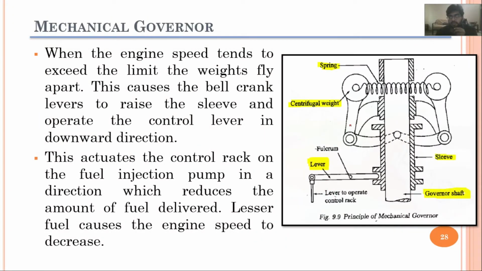For example this point, since it is moving because of the centrifugal force, it is moving in this direction, and this centrifugal weight is moving in the other direction, and because of the movement of these centrifugal weights, these joints will move away from the governor shaft as well because of the centrifugal forces.